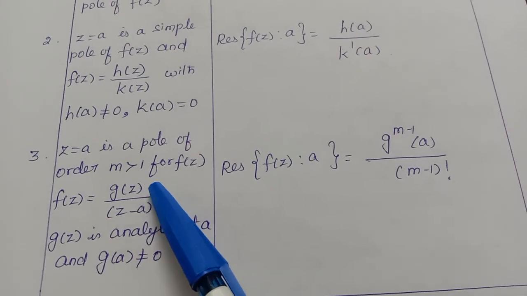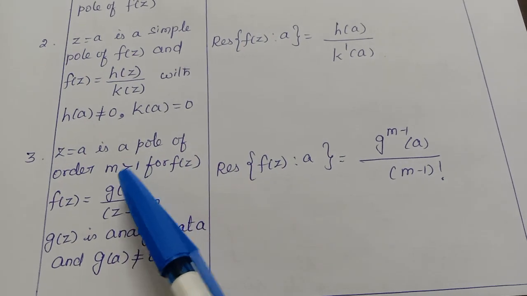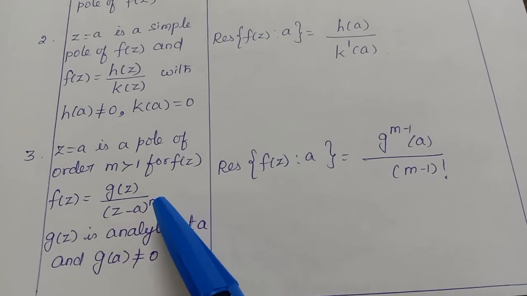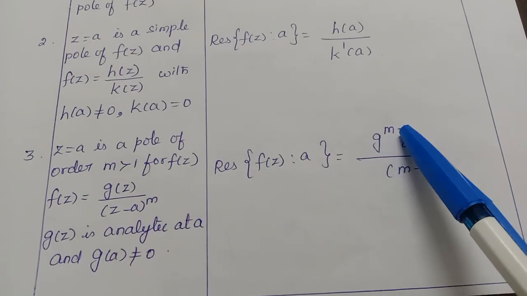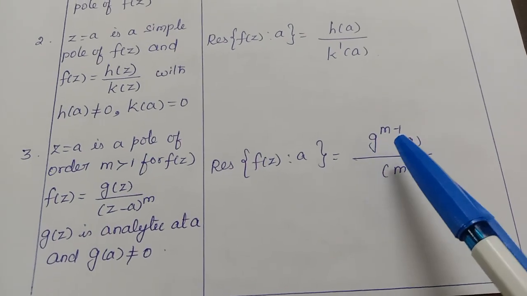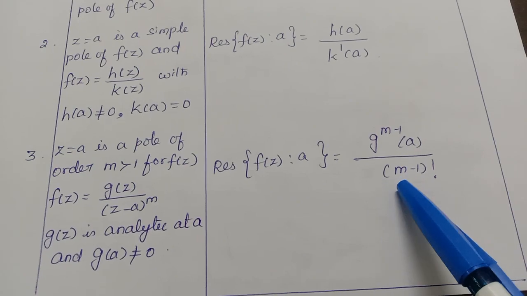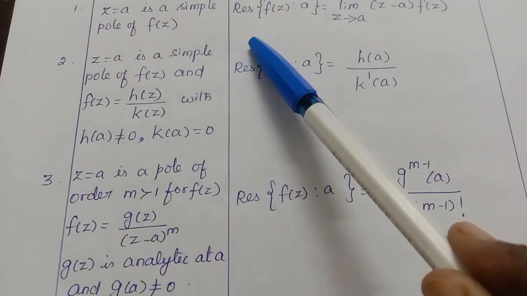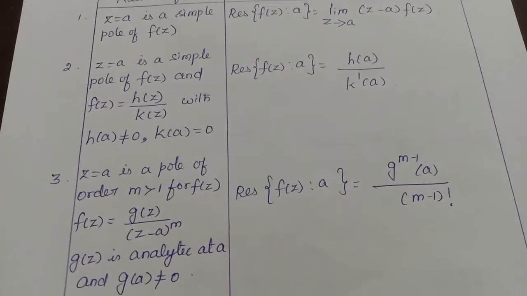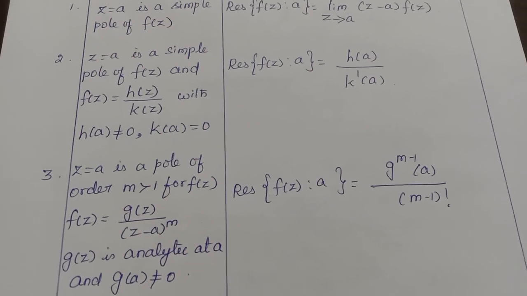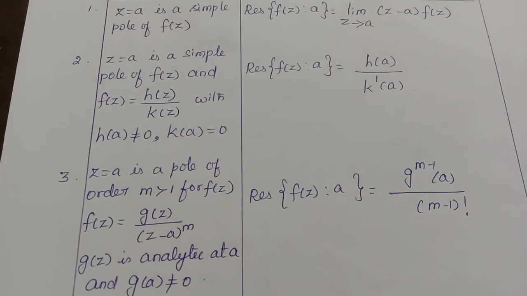Find the m minus 1th derivative. Here pole of order m, I said no. If it is of order m, find the derivative up to m minus 1. Then substitute a there. So g m minus 1th derivative of a by m minus 1 factorial. So these are the three formulas for calculating residue of f of z at a given singular point.